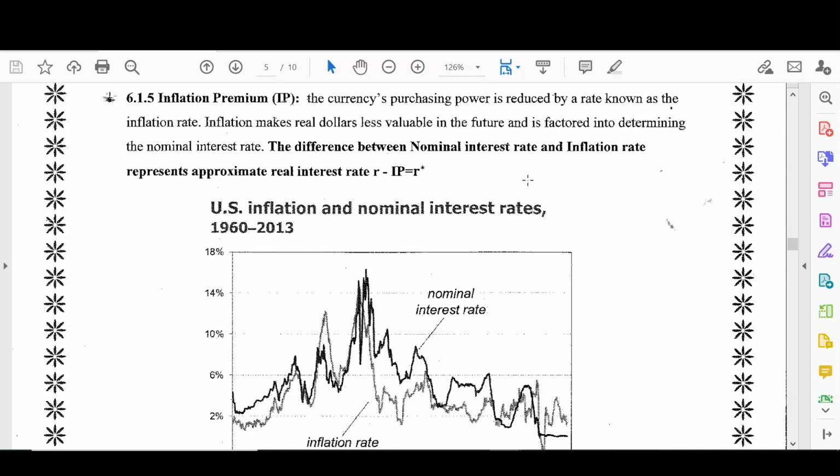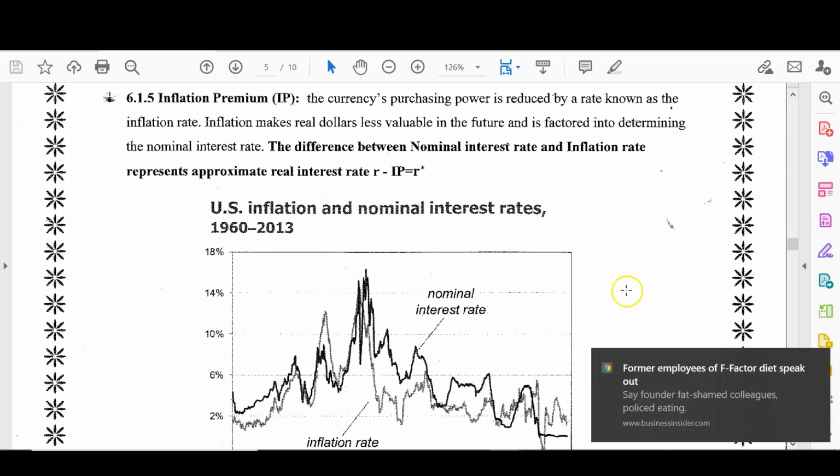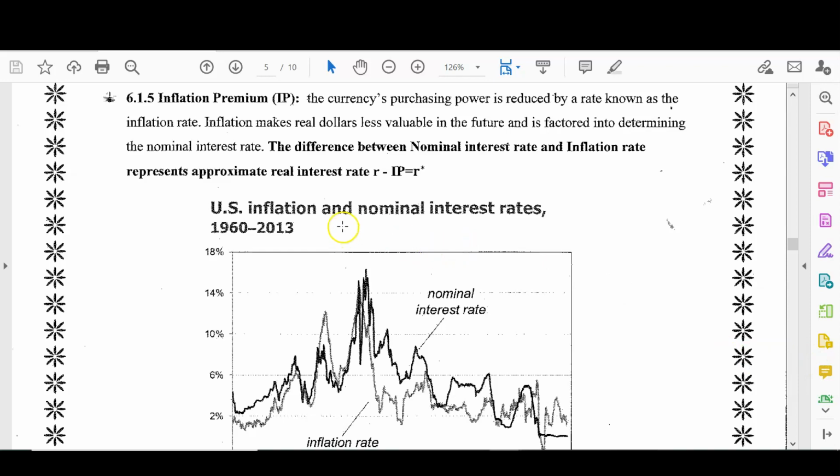The rate of return for a risk-free asset is the risk-free rate. And when it has other premiums or other risks, we add them to the real risk-free rate to calculate the interest rate. We'll show the process later, but let's just break down and look at the premiums first. The first premium is inflation premium.